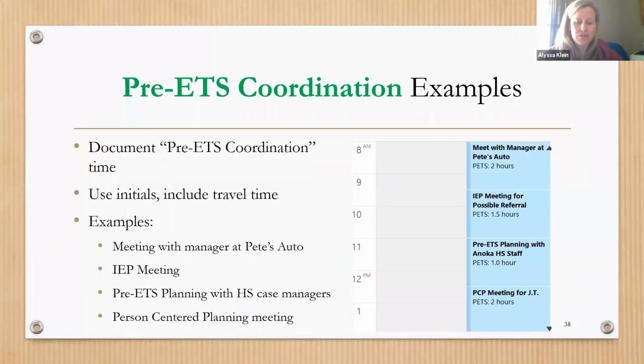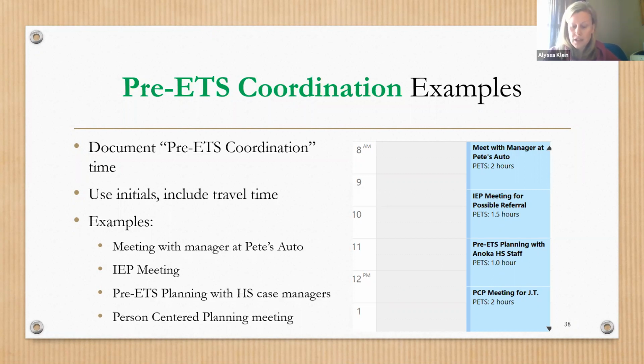This slide gives you some examples from pre-ETS coordination services. The first example, related to developing work opportunities, is a meeting with the manager at Pete's Auto, where I was learning about the job openings he had. The second example is an IEP meeting for a possible student referral.